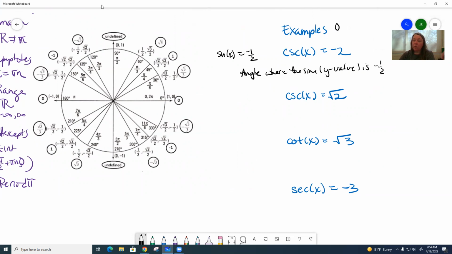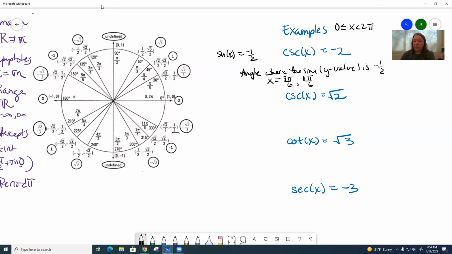And let's say for these, we want to give our answers from 0 to 2 pi. So that means it needs to be in radians. A y value of -1/2 is here and here, and the angles are 7 pi over 6 and 11 pi over 6.